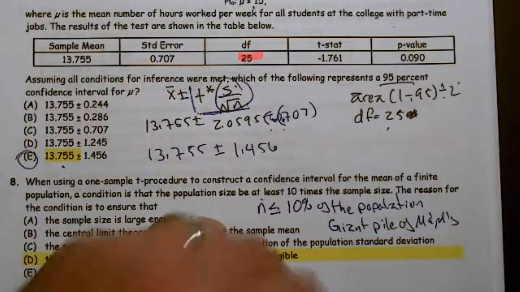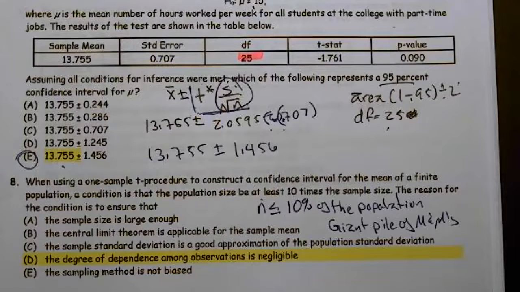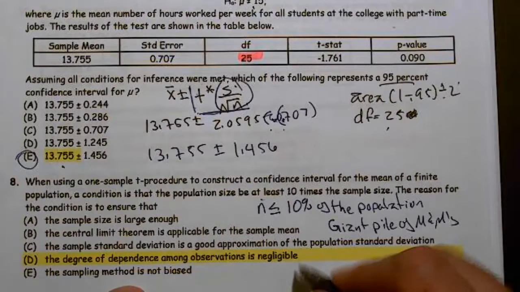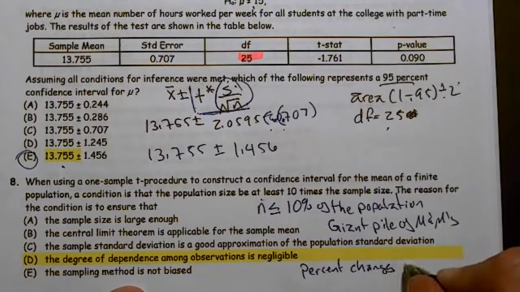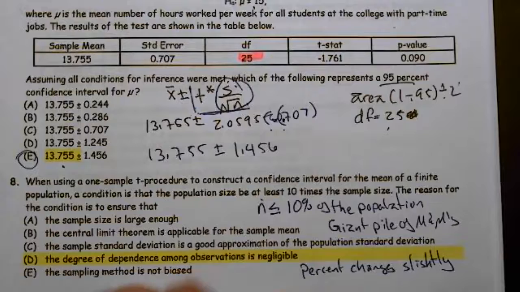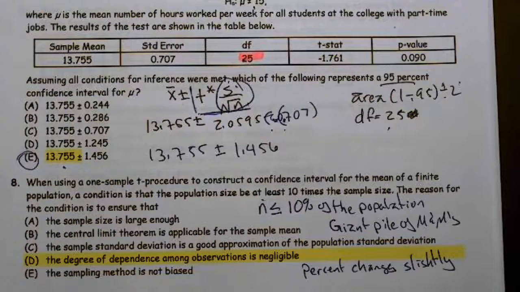And that's about all we can write. Basically, when we take one away, the percentages don't change, or the percent changes slightly. When I take the one M&M away and eat it, the percentage of red M&Ms does change, but it changes slightly.